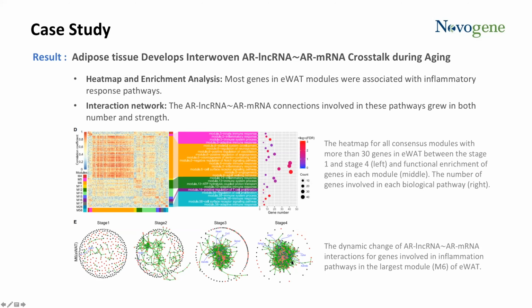This interaction was highly increased in the adipose tissues. Also, there was a strong correlation to inflammatory response gene pathway, suggesting that the interactions driving inflammatory responses in the adipose tissue are associated with aging. So in this case, it can also serve as a biomarker for aging.